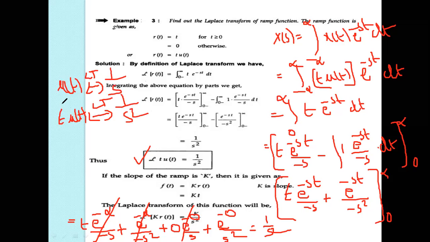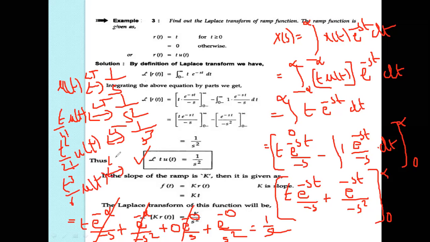Suppose here that 1 is there: t into mu of t, then t square by 2 mu of t, the Laplace transformation is 1 by s cube. And t cube, this is a factorial, my dear students, 1 factorial will get t cube by 3 factorial, nothing but 6, mu of t, the Laplace transformation is 1 by s power 4, and so on.